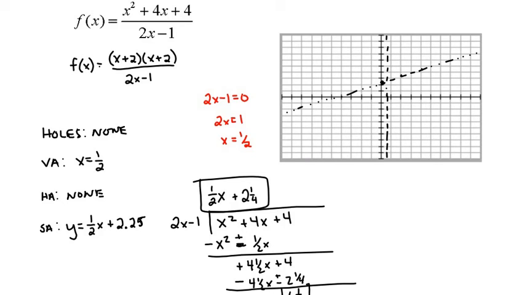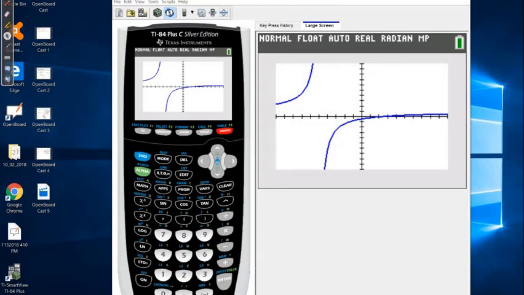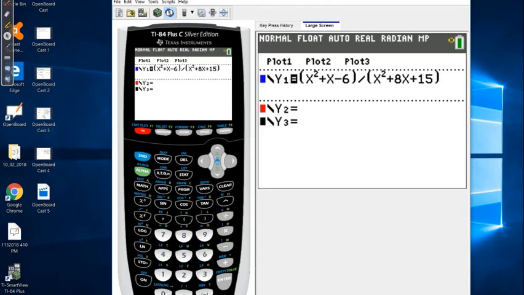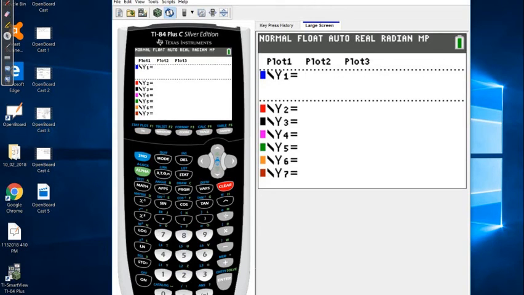Alright, now I go back to Y equals. Anytime you want to clear something out, just clear it out. It is parentheses x squared plus 4x plus 4, and we're dividing that by 2x minus 1.